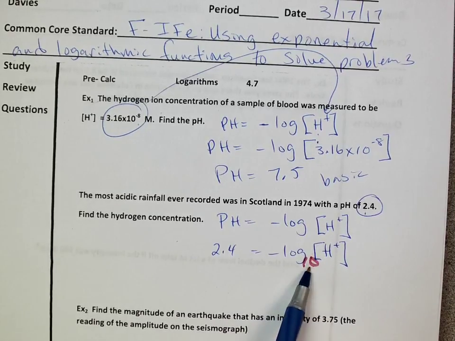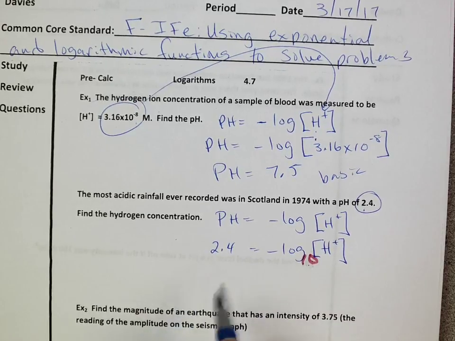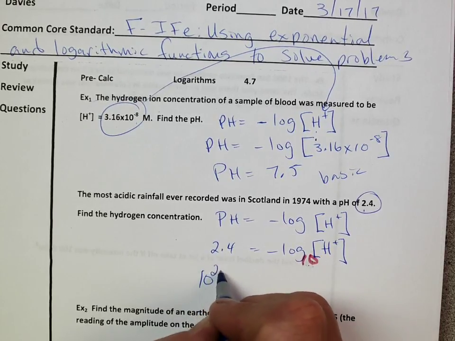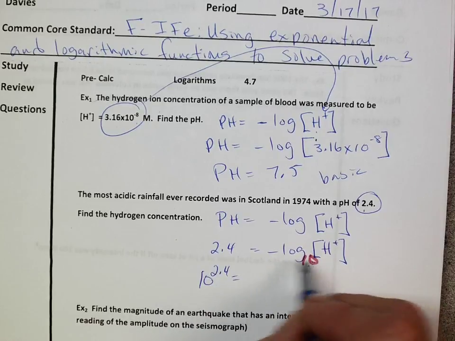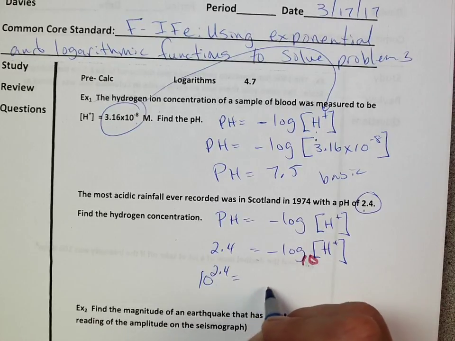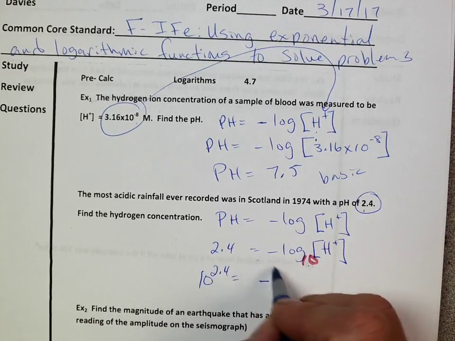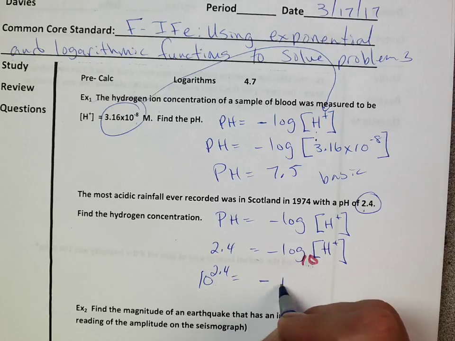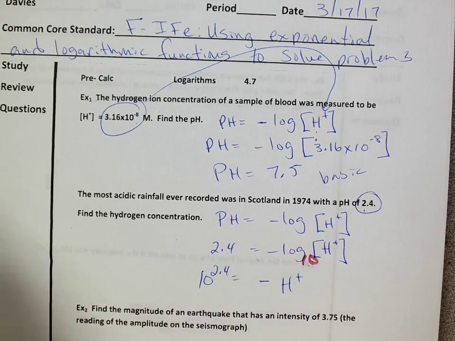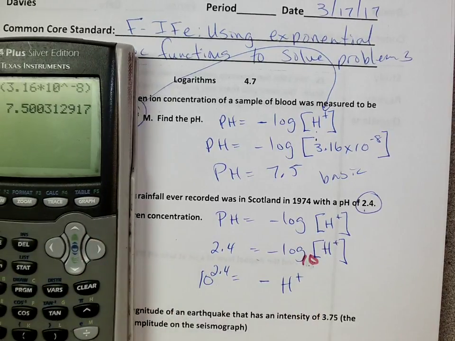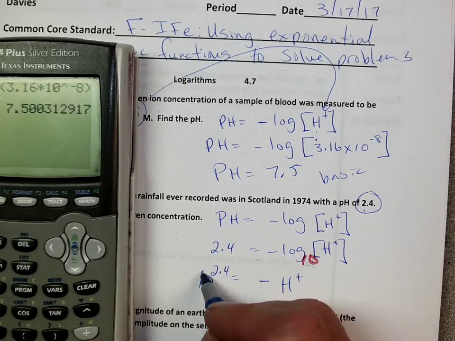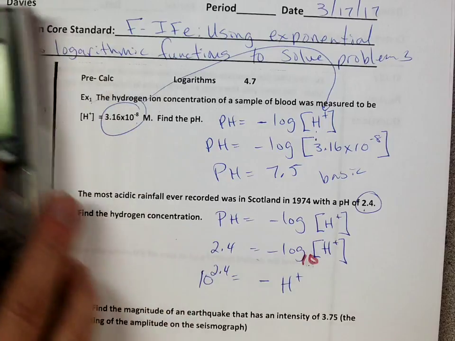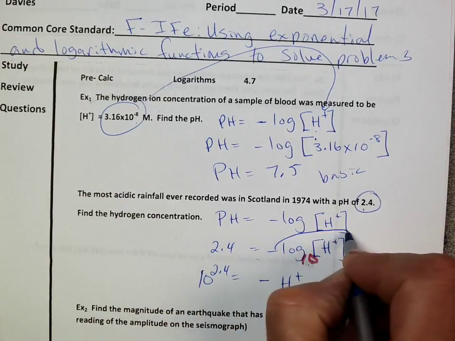I'll go 10 to the 2.4 equals our negative hydrogen concentration. So the negative's there. But hold on, I am making a mistake. I know, hard to believe. I got to bring the negative over with it. The negative comes up, to the negative 1 power. You with me on that?